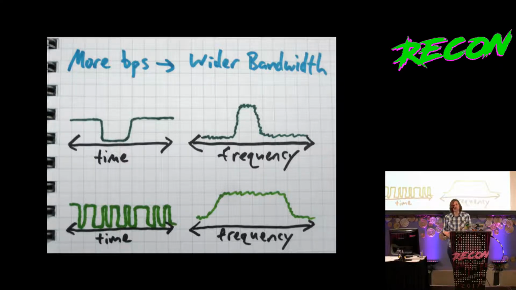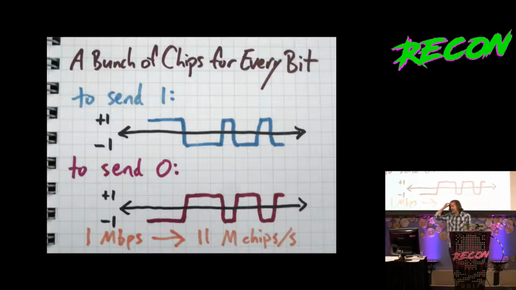The trick that direct sequence spread spectrum uses is to inflate the number of bits per second with redundant information. Instead of calling these things bits, we call them chips. Mostly I'm going to be looking at binary phase shift key signals, so they're just two states, a high state and a low state.